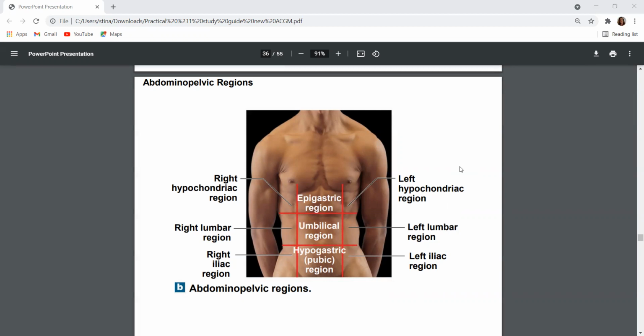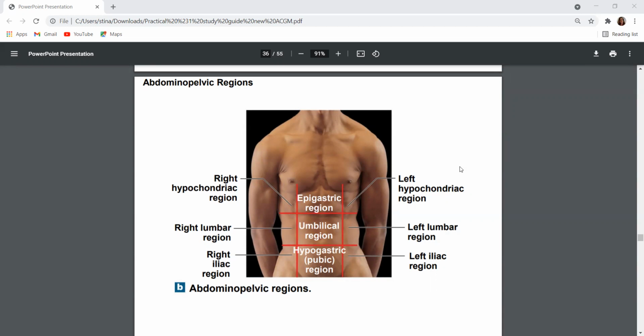So right and left hypochondriac regions are there. In between those right and left hypochondriac regions, this is called the epigastric region. This is going to be where your stomach is. Epi means sitting upon, and gastric refers to the stomach. So this center block here in the top is your epigastric region.